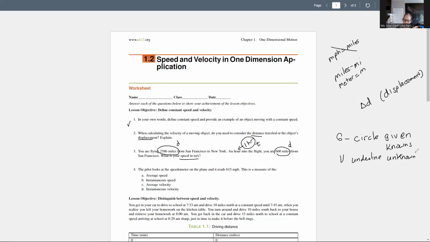Right. And so now I go on there and I find that speed's formula is distance over time. Okay, now we don't have an actual idea. We're hoping that that 2,586 is not as the crow flies, and that's the actual path the plane takes. But whenever you see anything like this, you can say that you assume this is the path.